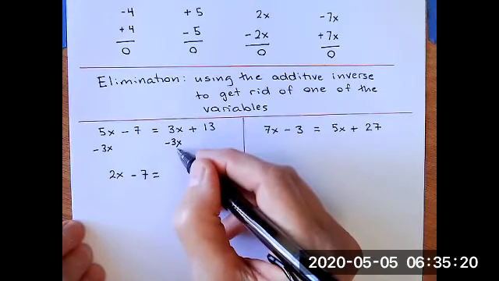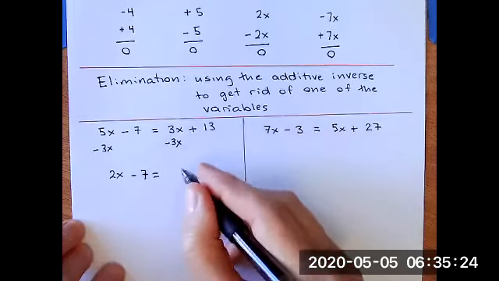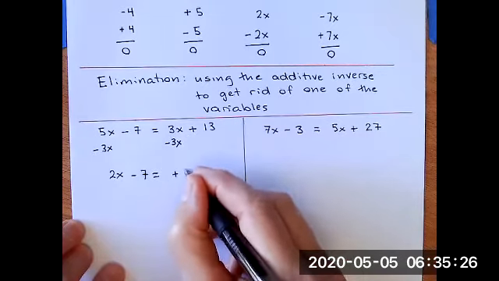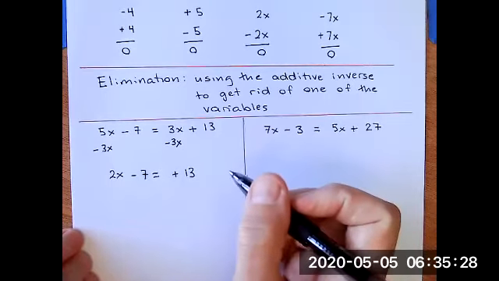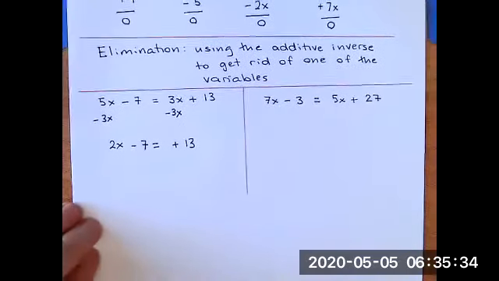3x and -3x add up to 0, so that has been eliminated. And we're left with +13. Now I have x on one side of the equation only, so I'm going to add 7 to both sides.